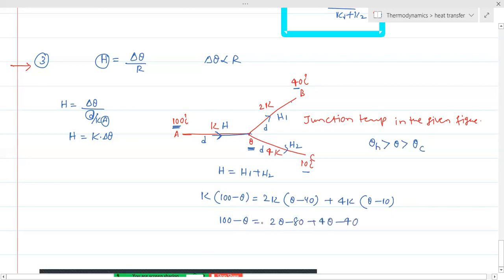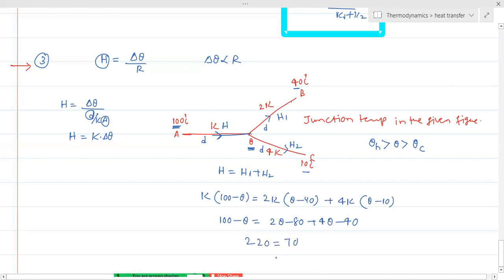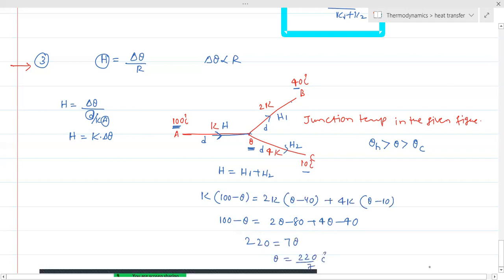That gives 100 plus 120, which is 220, equals 6 theta plus theta, which means 7 theta. Therefore theta is equivalent to 220 by 7 degrees centigrade. In this way, we can find the junction temperature for a given situation.